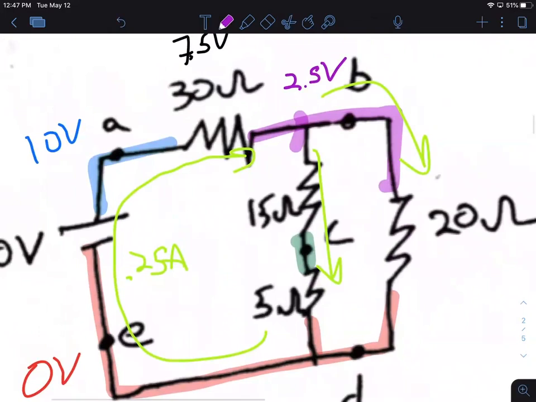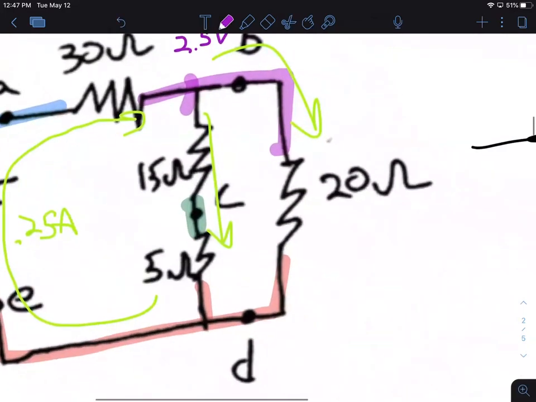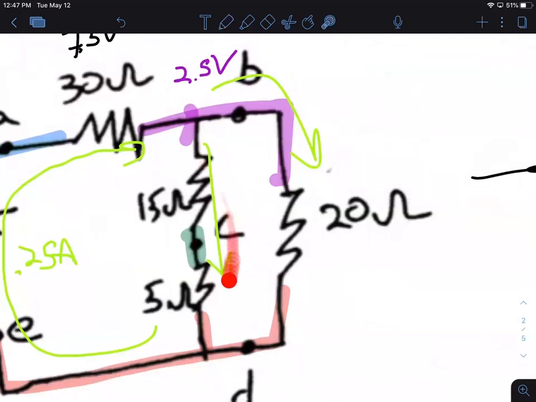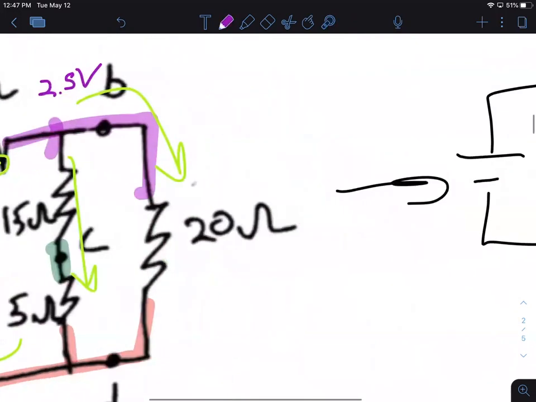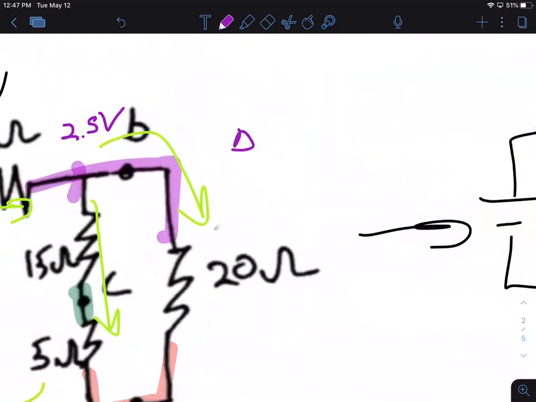Nice. How does that help me? Well, I can't do anything over here. Well, I could, sort of. I don't know. It's easier to go here. 2.5 to 0. Delta V equals IR.